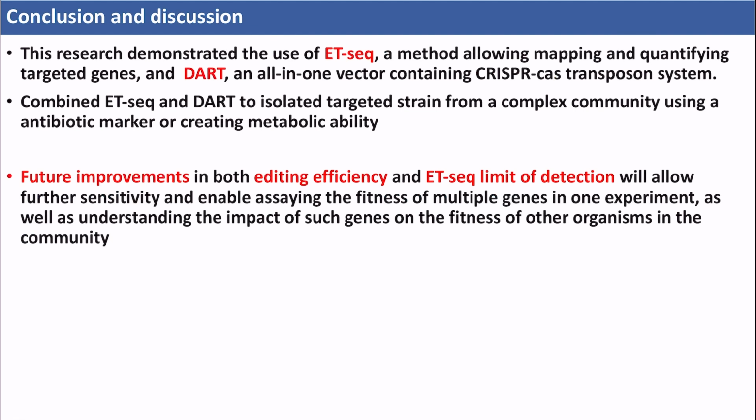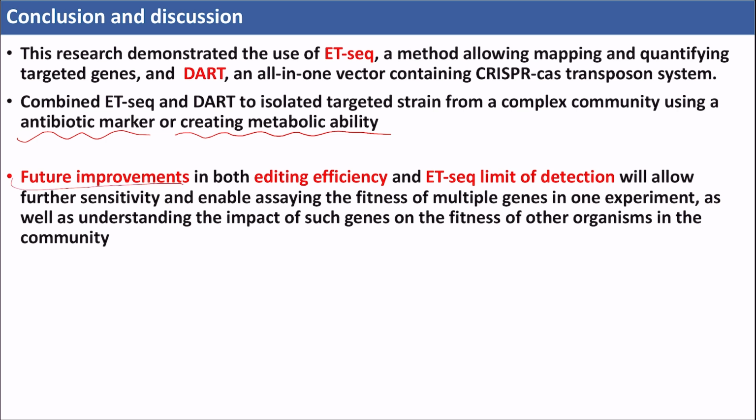And here is the conclusion and discussion. The research team demonstrated the use of ET-seq, a method allowing mapping and quantifying targeted genes, and DART, an all-in-one vector containing a CRISPR-Cas transposon system. Combining ET-seq and DART to isolate a targeted strain from a complex community using an antibiotic marker or a metabolic ability.